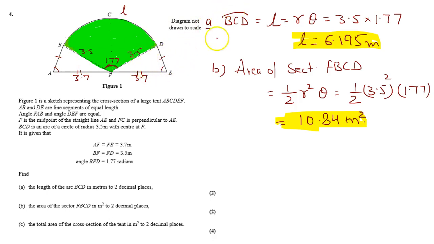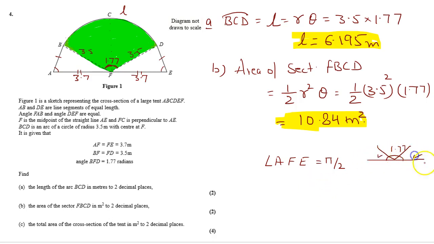Now if you see this triangle, this total angle, angle AFE, is equal to pi over 2. This complete angle is pi over 2. Then this angle is 1.77.